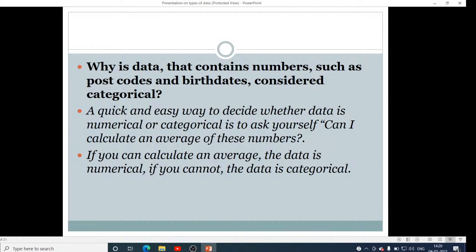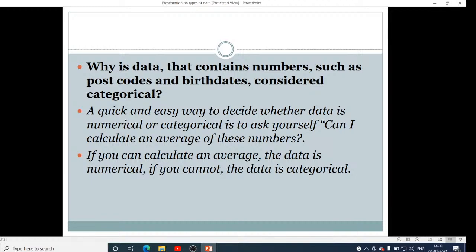A quick and easy way to decide whether the data is numerical or categorical is to ask yourself, can I calculate an average of these numbers? If you can calculate an average, the data is numerical. If you cannot calculate, the data is categorical.